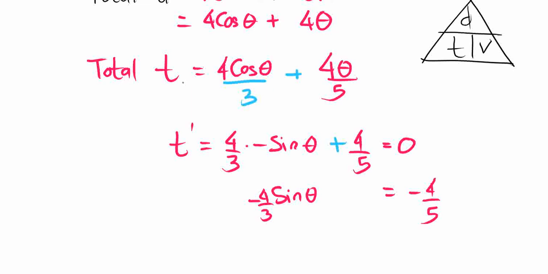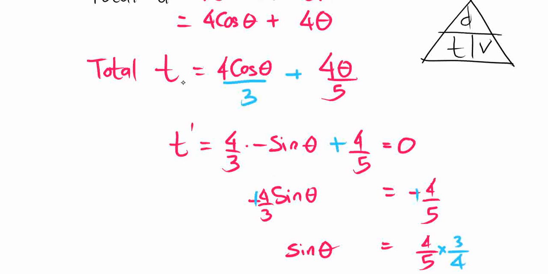Now the minus signs cancel out. We want sine theta as the subject, so it will be 4 over 5 divided by 4 over 3, which is the same as times 3 over 4.